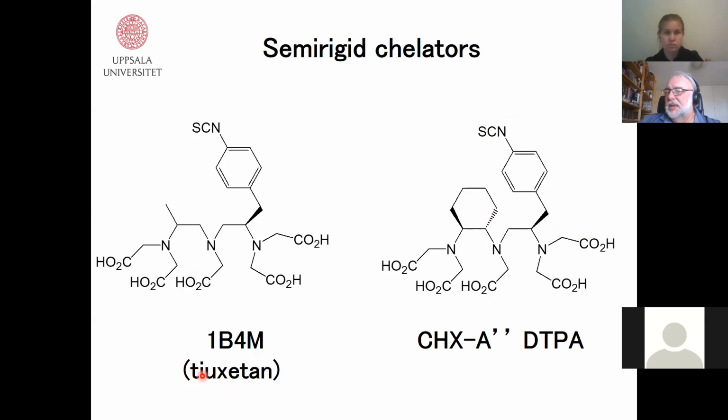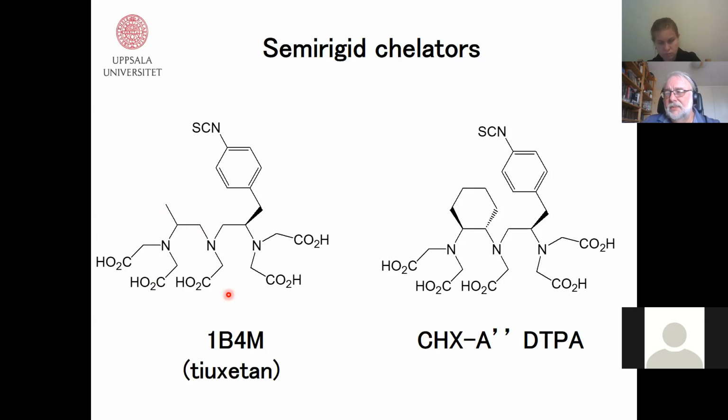For example, in chelator tiuxetan, it's a simple methyl group which is attached to the shoulder of DTPA. Surprisingly, that reduces freedom of rotation of this chelator and stabilizes complex pretty well.